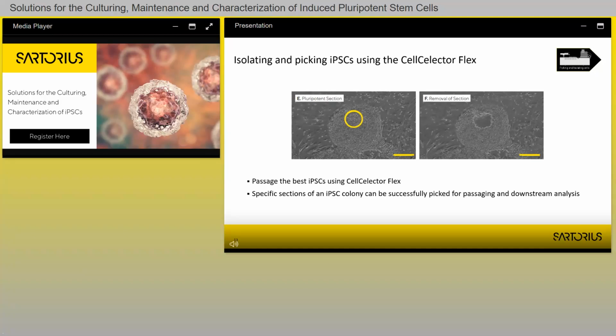And you can then take that more pluripotent section of your colony and grow that on. That allows you to successfully pick for passaging or even downstream analysis, such as marker expression analysis later on in your workflow.